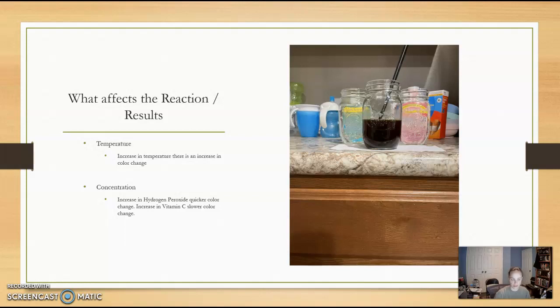So hotter solutions take less time for the color change to happen, whereas colder solutions will take longer, and I believe that's what happened with my reaction.